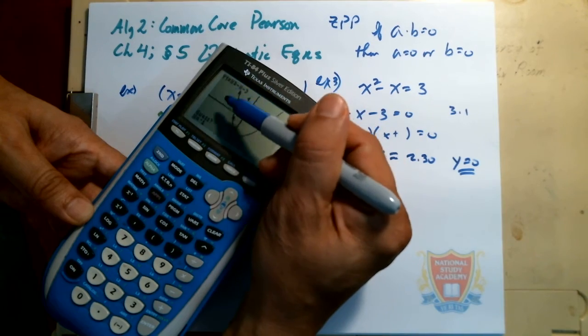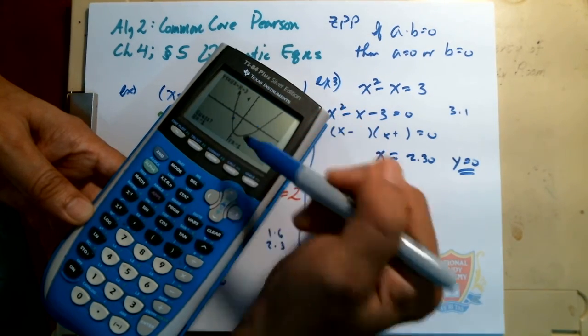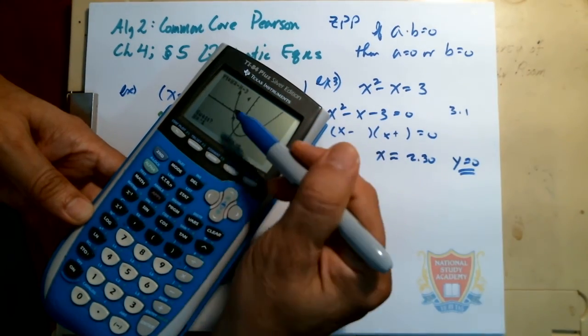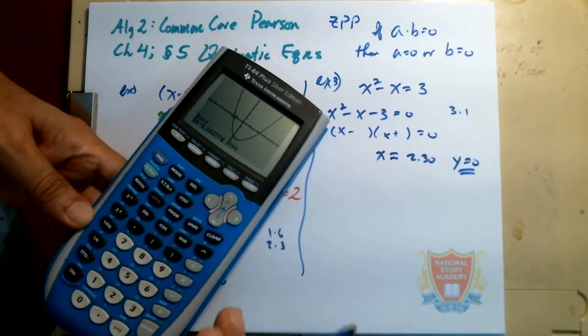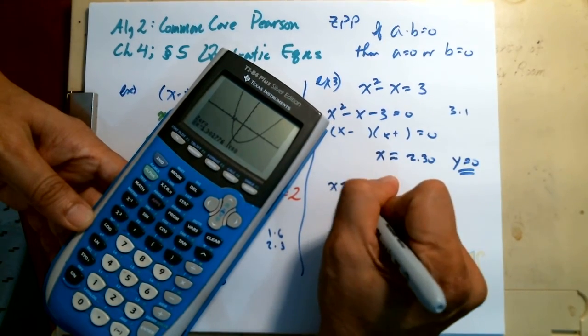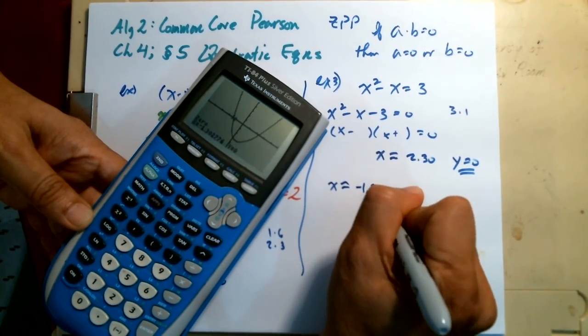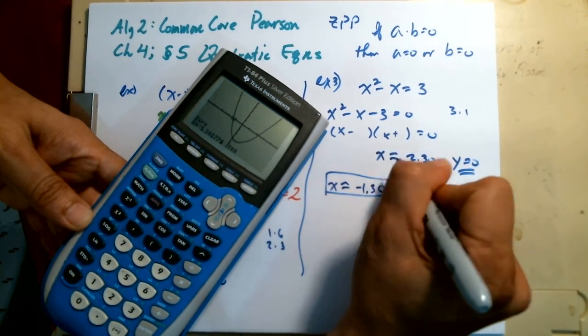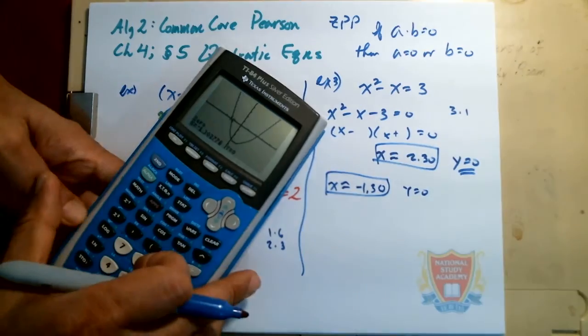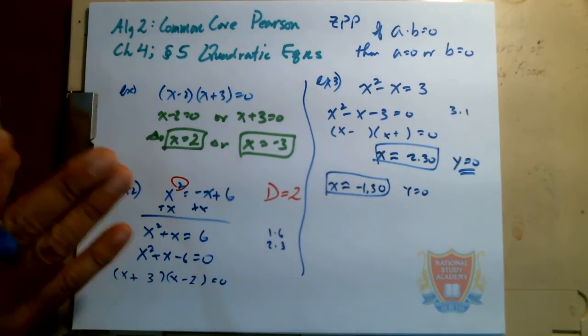It's going to hit between -2 and -1, and I know that there's a root here. That's what they mean by the roots, the zeros. It says approximately -1.30 when y equals 0. Those are your two roots, or the zeros.